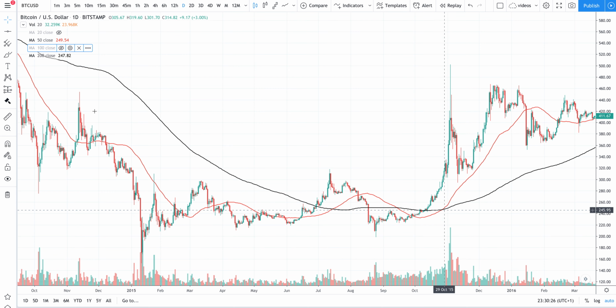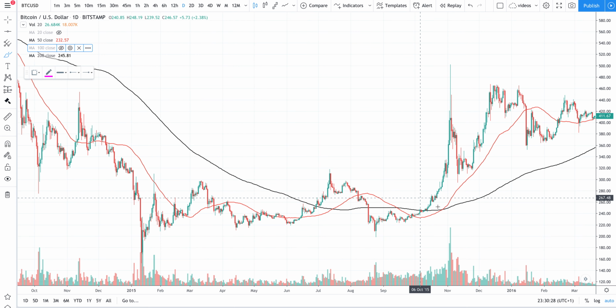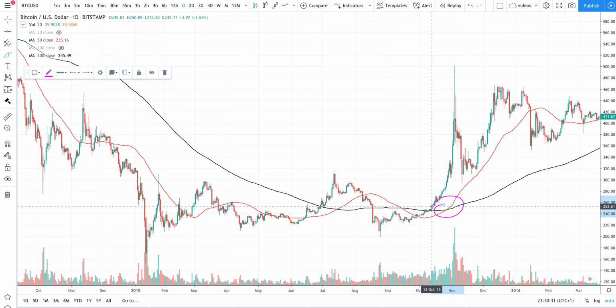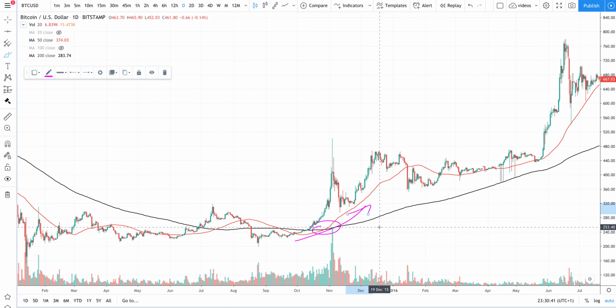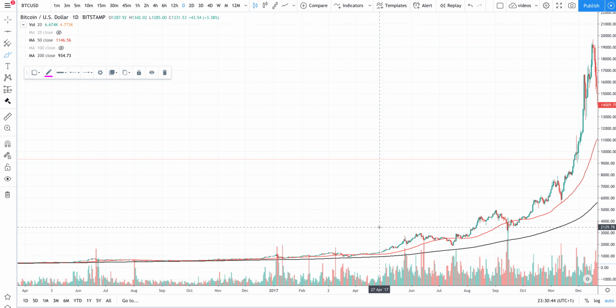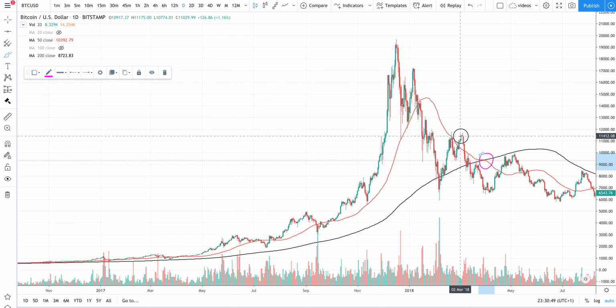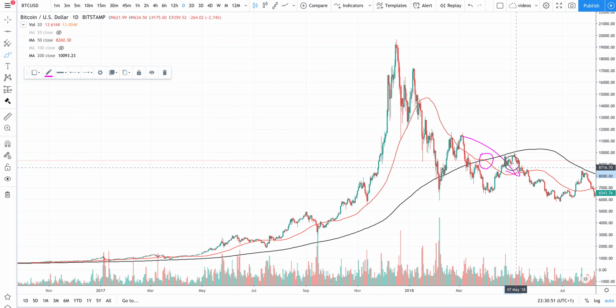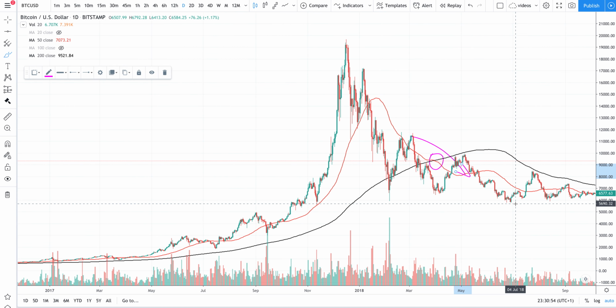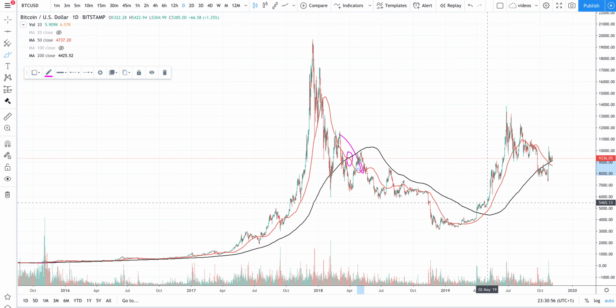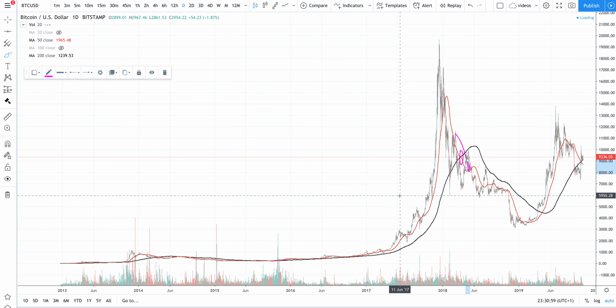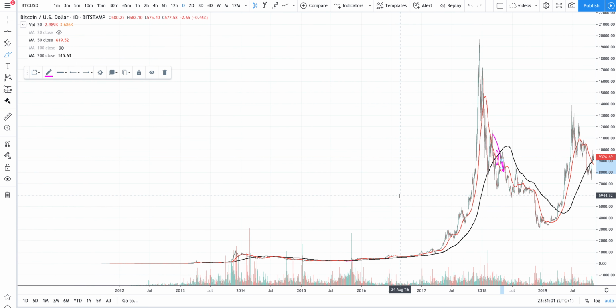So when the 50 crosses upwards the 200 moving average, this is called the golden cross. Instead, when it happens that the 50 goes below the 200, this is called a death cross. Why are they so important? Let's see the chart from this point of view.